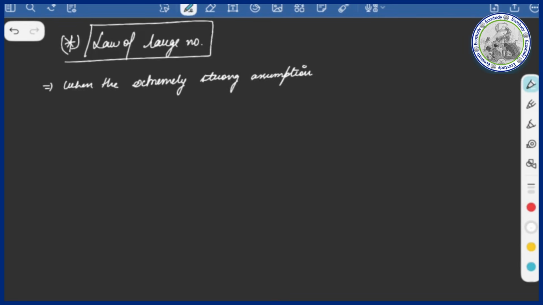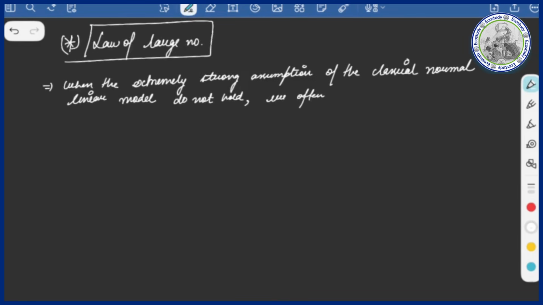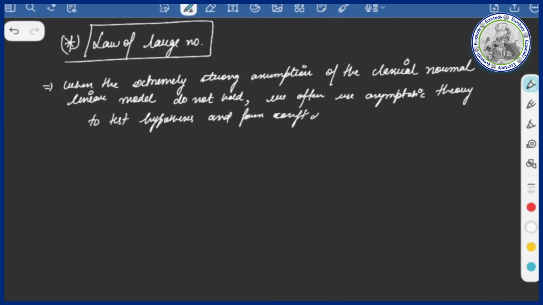When the extremely strong assumptions of the classical normal linear model do not hold, we often use asymptotic theory to test hypotheses and form confidence intervals.